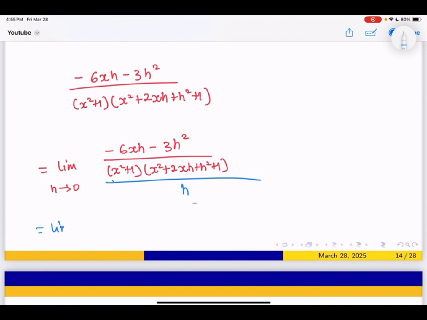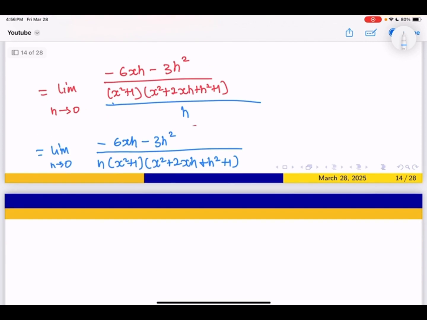So we are going to have minus 6xh minus 3h squared divided by h multiplying x squared plus 1 times x squared plus 2xh plus h squared plus 1.